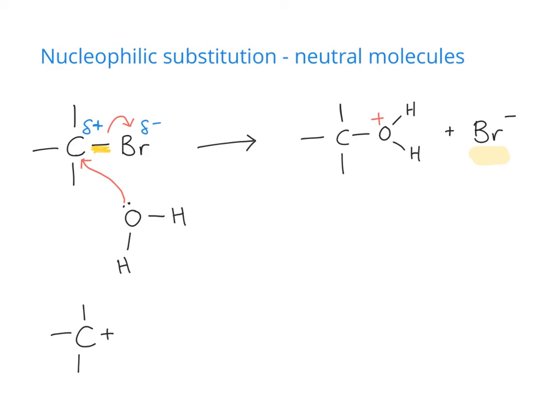The way that it gets those electrons back, well, we're going to form an alcohol. We're not going to form a different product simply because we're using water instead of hydroxide. And so the way that we get rid of the positive charge is we lose H+. So the electrons that are being shared between the oxygen and hydrogen are both going back on the oxygen to give it back its lone pair that it's currently donated to form a new bond with the carbon.